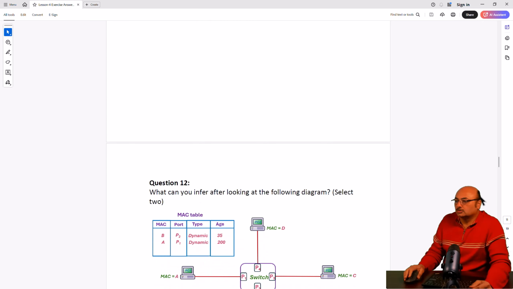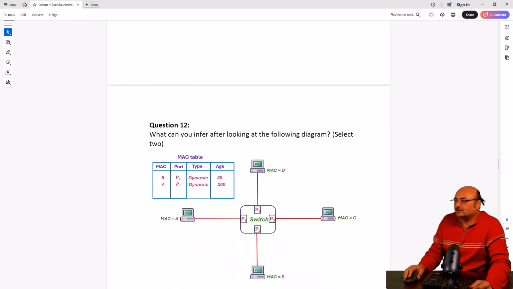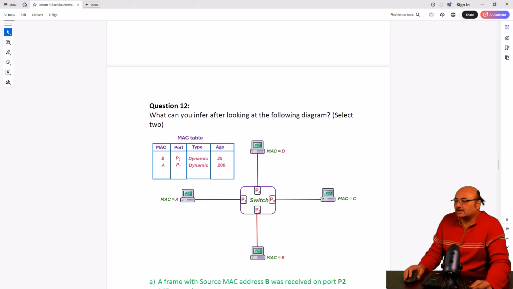Next question. What can you infer after looking at the following diagram? It shows two entries in the MAC table. One for MAC address B, another for MAC address A. The first one has an age remaining of 35 seconds. That means a frame with source address B would have arrived on port P2, 300 minus 35, that is 265 seconds ago.